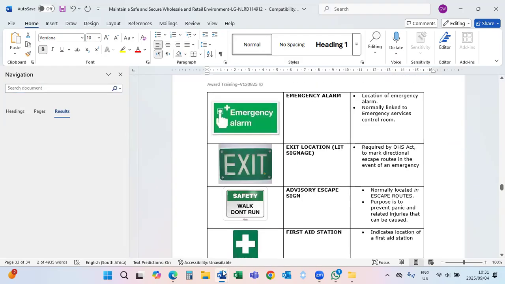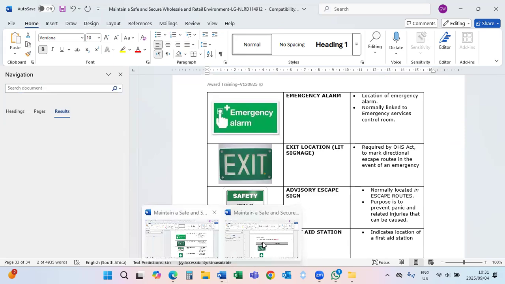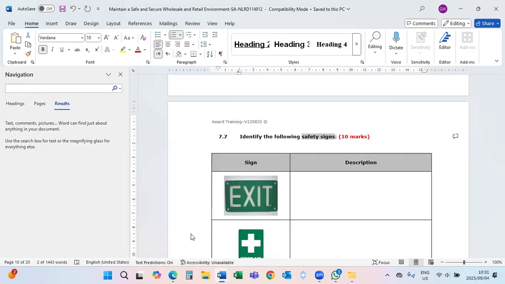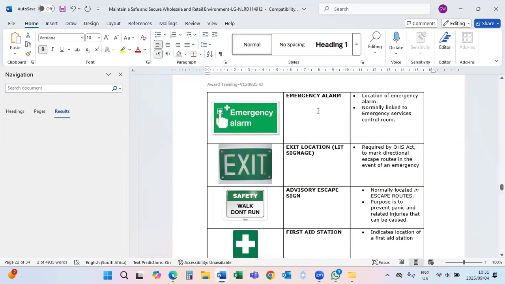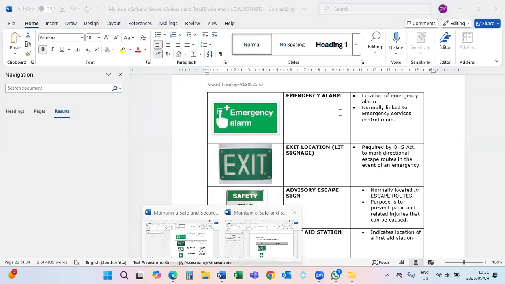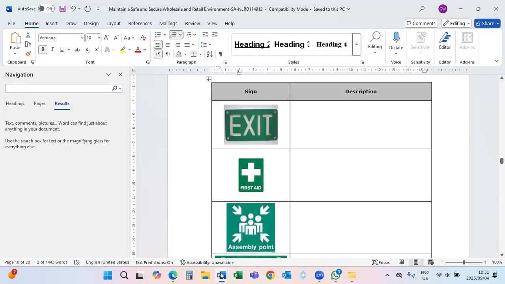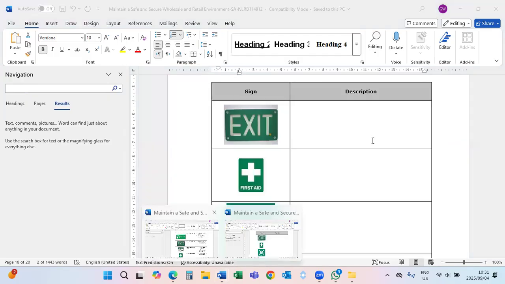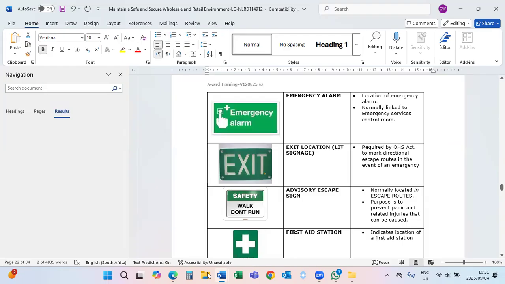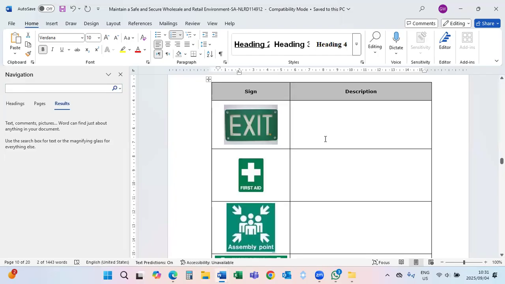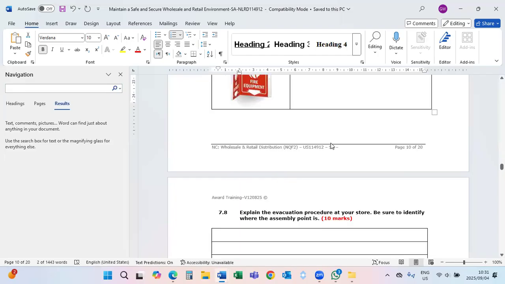Use these signs to identify what the summative assignment is actually asking you to look for here. So you'll be able to match them. That's an exit sign. You can use the description from the learner guide, and there it is there. Okay, so it's an exit location. Right, so that's fairly simple to do. All right, so you'll be able to identify each of those.